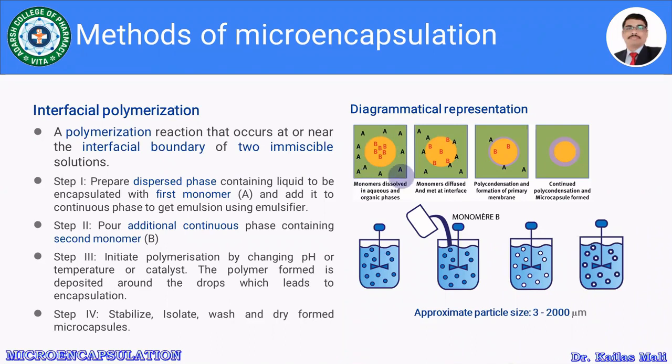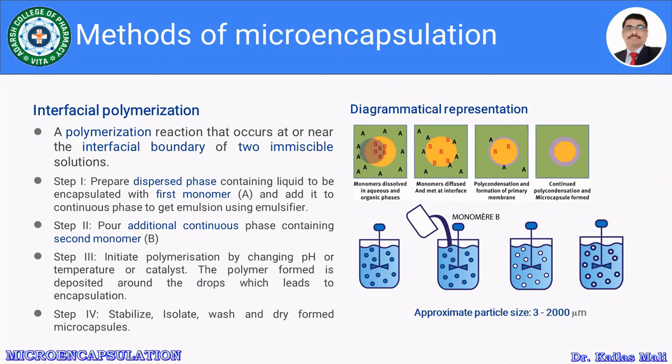So the monomers are dissolved in the aqueous and the organic phases. B is in the organic phase, and A is in the continuous phase. In the continuous phase the monomer A is dissolved, and in the dispersed phase the monomer B is dissolved. Furthermore, we prepare the emulsion, then initiate the polymerization.